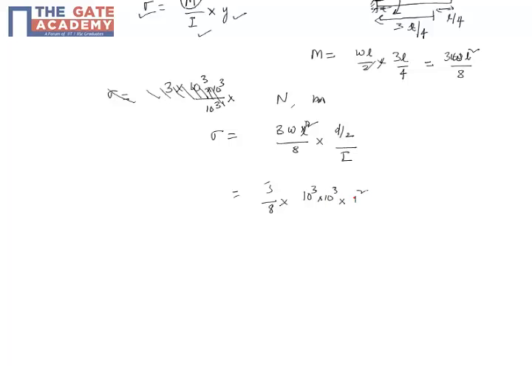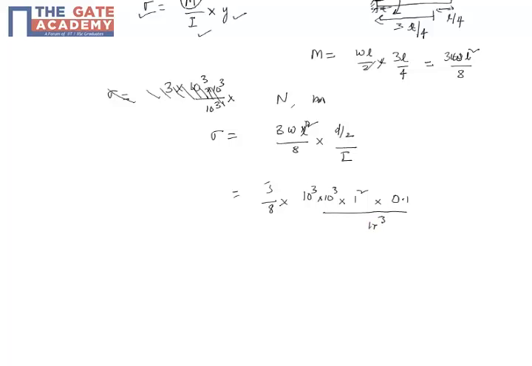Length is 1 meter, so 1 square. Depth is 10 centimeters, so d by 2 is 5, and 5 centimeters is 0.05 meter, divided by the area moment of inertia, which is 10 power 3 meters.